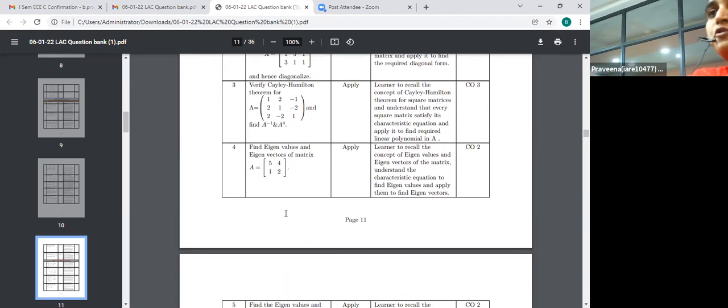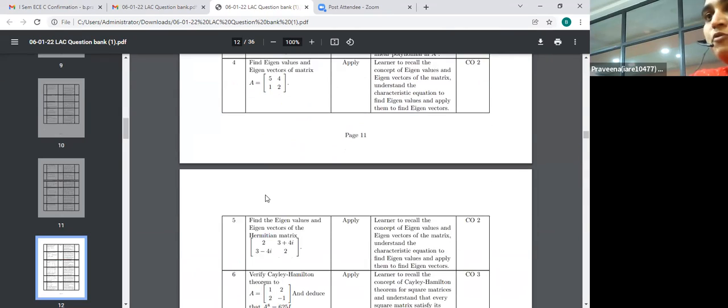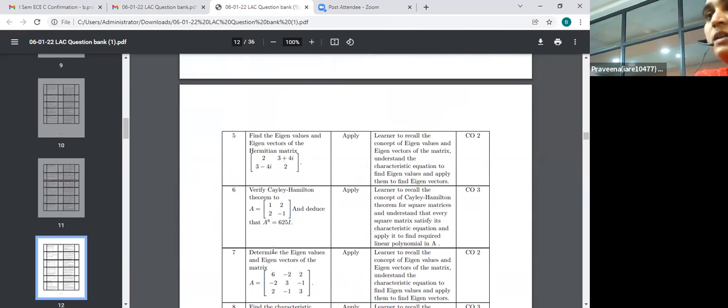And next, fourth question: find the eigenvalues and eigenvectors of the matrix. It is a simple question, ma. For a 2 by 2 real matrix, we can easily find eigenvalues and eigenvectors. This is the fourth one. And the fifth question: find the eigenvalues and eigenvectors of the Hermitian matrix. Hermitian means what is the condition, ma?